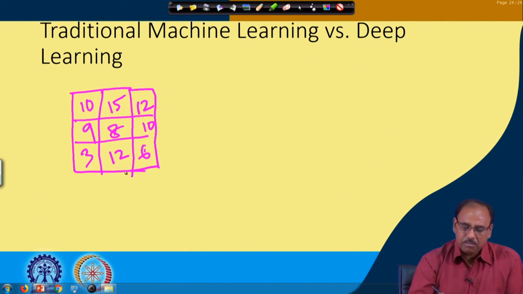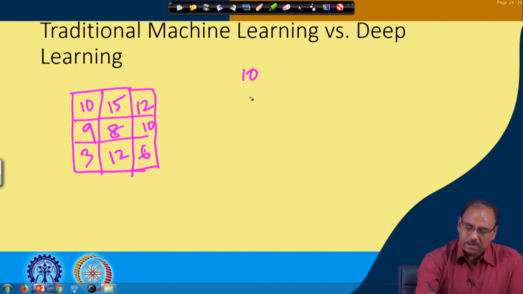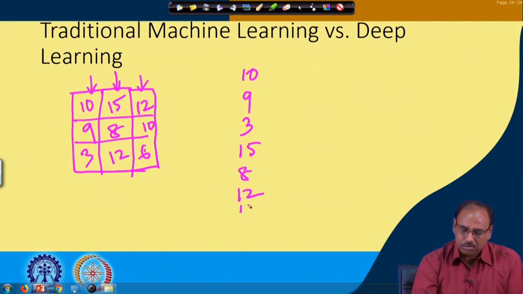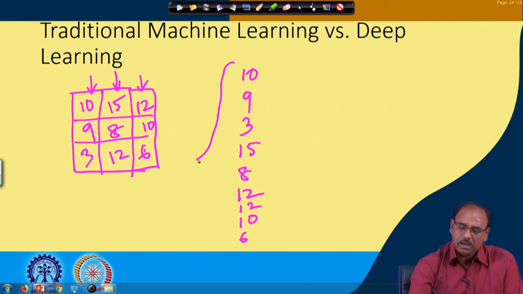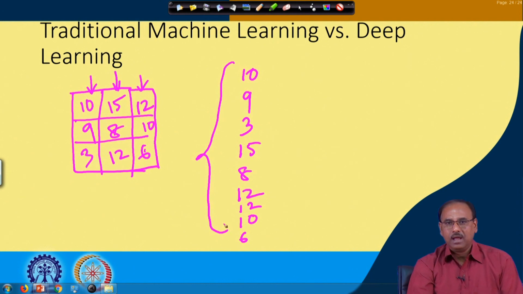In this case, my vector will be 10, 9, 3, that is the first column. Then I take the next column, it will be 15, 8, 12. Then I take the third column, again it will be 12, 10, 6. So, you find that from this 3 by 3 matrix, I have made a one dimensional vector having 9 different components.